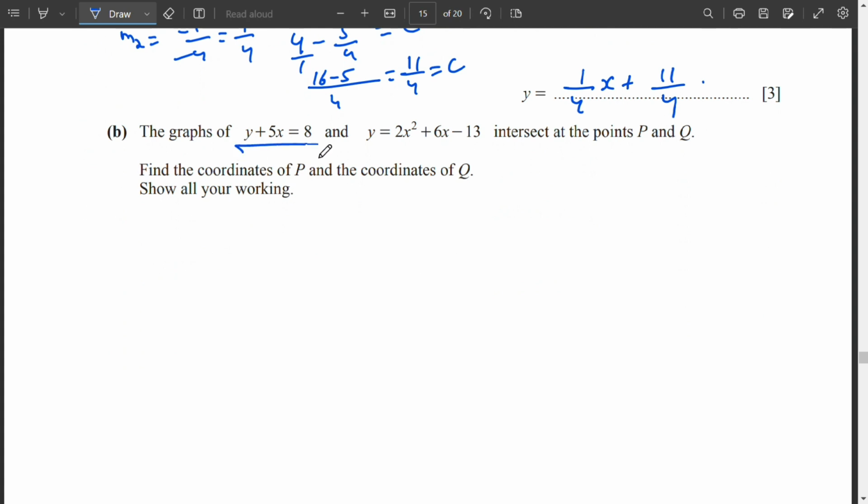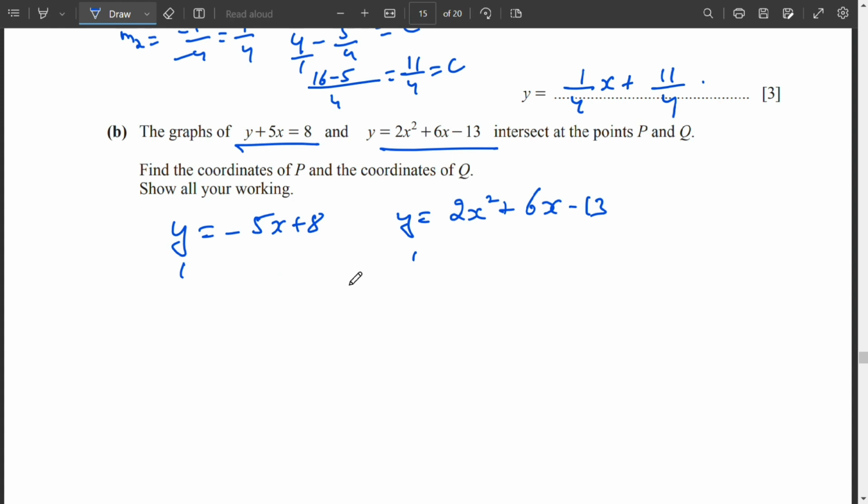So see, this equation can be written as y equals minus 5x plus 8 and this is y equals 2x square plus 6x minus 13. We have to find the points of intersection P and Q. So you just equate these because both are y. So this will be minus 5x plus 8 equals 2x square plus 6x minus 13.